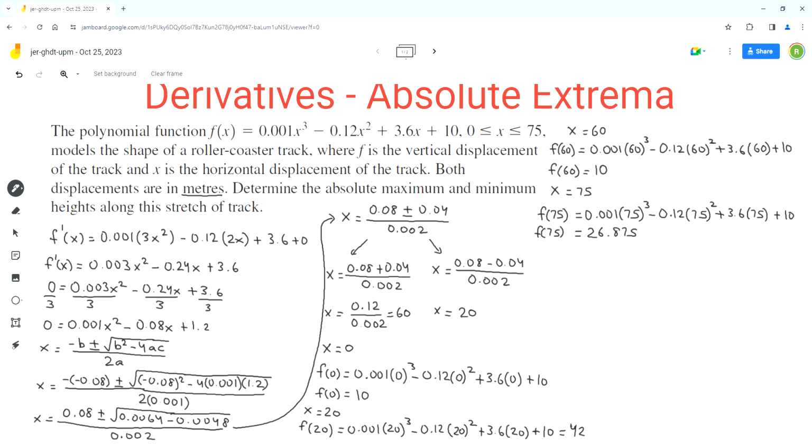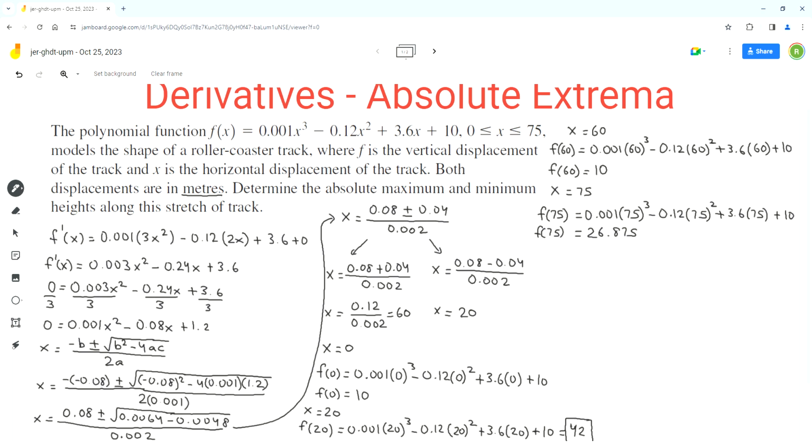Now we have to find the absolute maximum and absolute minimum values. Now the absolute maximum value we got is for x equals 20, which is equal to 42 meters.